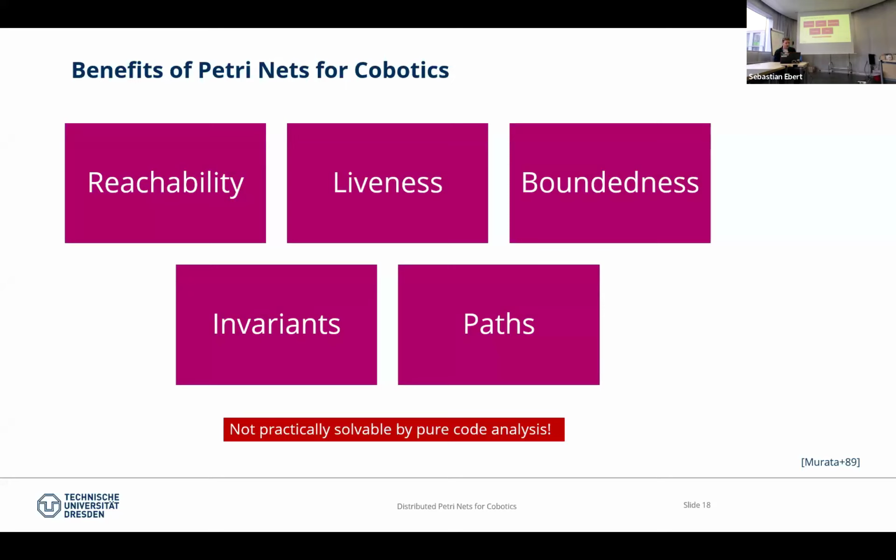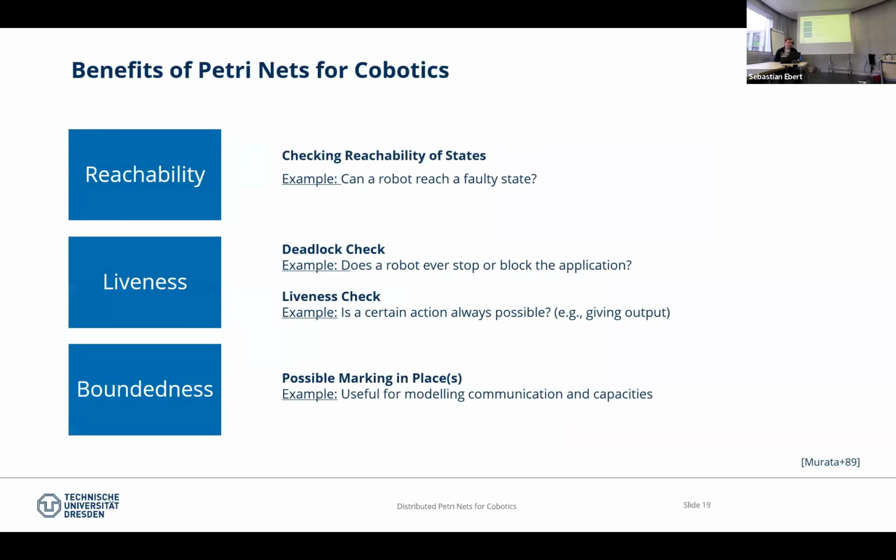If we have a look at examples of what we can do here with robotic analysis, reachability can be used, for example, to check if the robot can reach a faulty state. So is it possible, for example, to have the engine of the mobile robot running at full power and the brake activated at the same time? Then we have liveness constraints where you can check, for example, deadlocks.